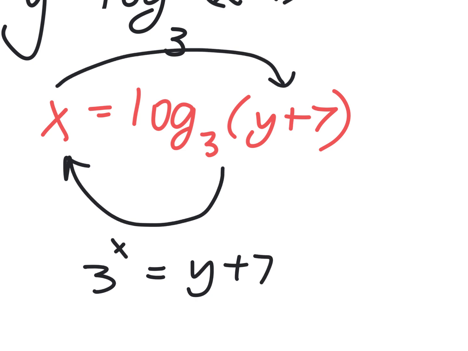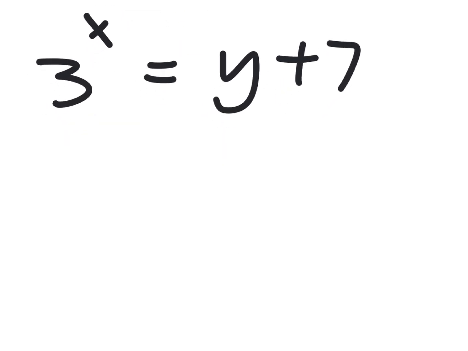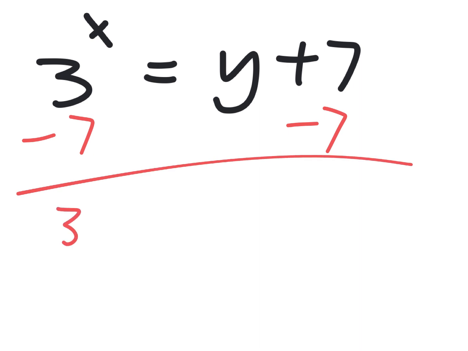Remember, you're trying to solve for y, so one more little step. Come on, what's the last step? Hello? Anyone? Anyone? Bueller? 3 to the x minus 7 equals y.